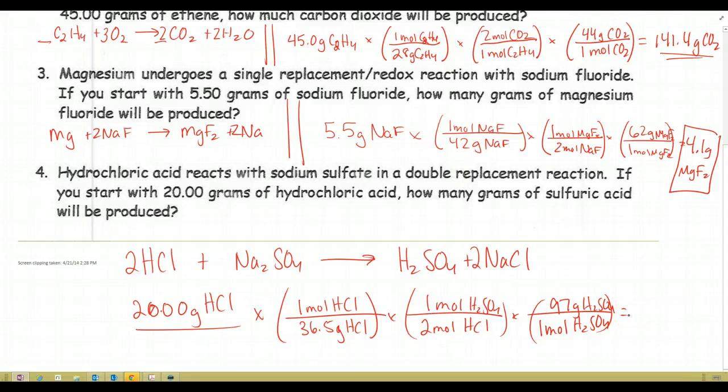If I do my multiplication now, 20 divided by 36.5 divided by 2 times 97 gives me 26.6 grams of sulfuric acid. All right, so that's 4 examples of the factor label method.